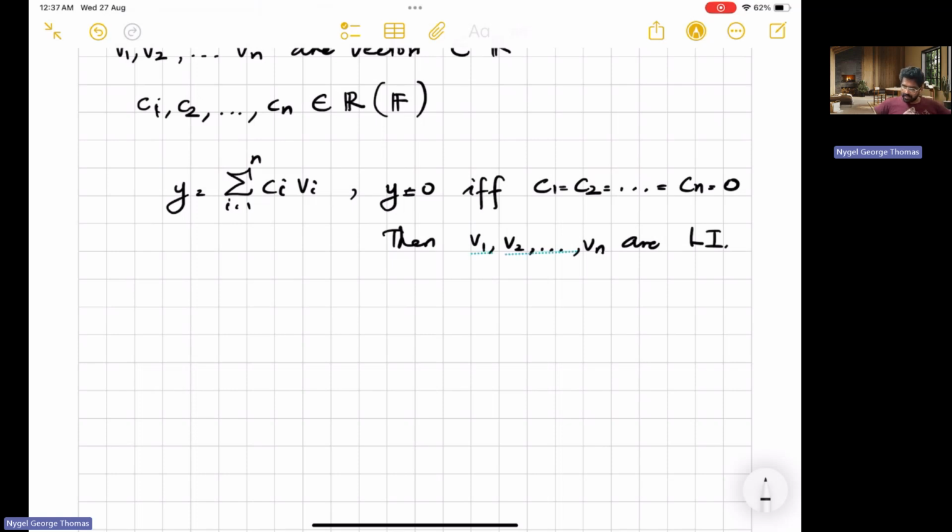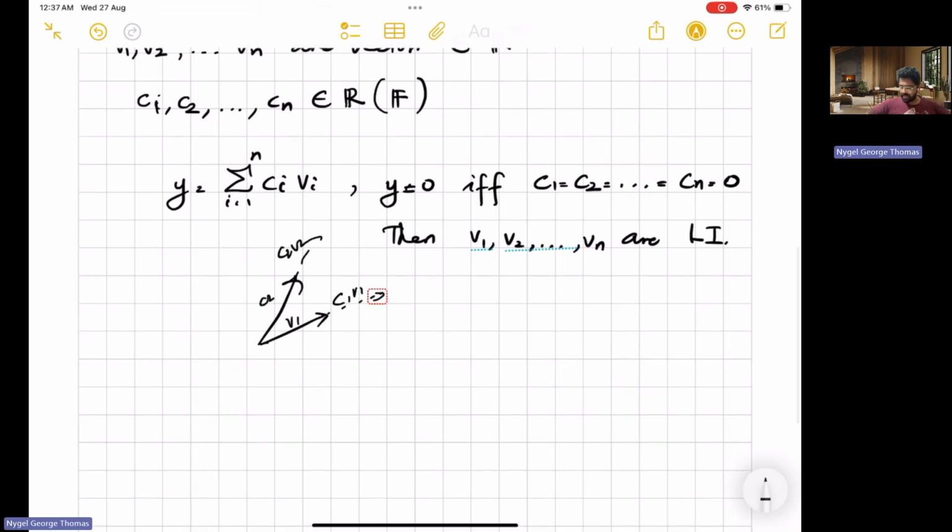We have multiple vectors in space. Whenever we're scaling, it gets scaled with some value. Like this is v1, this is c1 v1. Let's say this is c2 v2. Whenever we are adding these vectors together, we use the parallelogram law of vector addition.